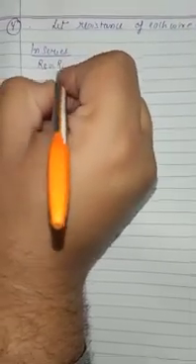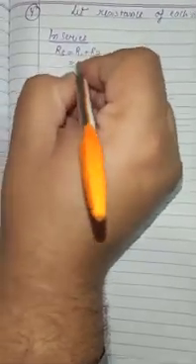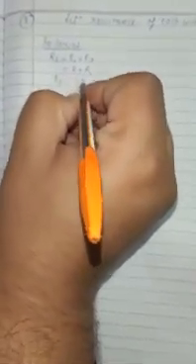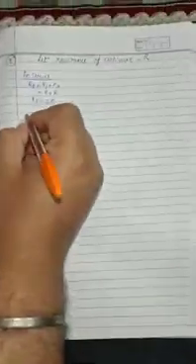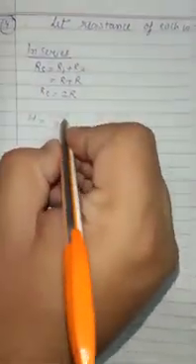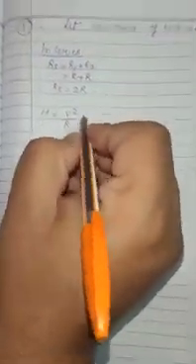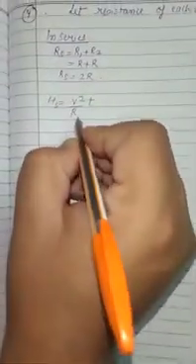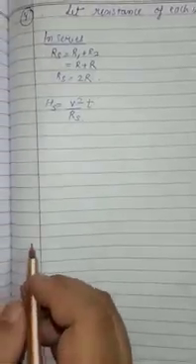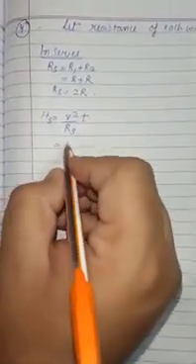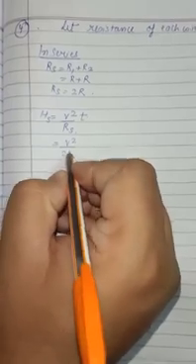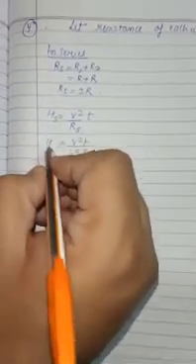So when they are connected in series, the equivalent resistance is R1 plus R2, that is R plus R. So Rs becomes 2R, and heat is given by the formula V square by R into T. Heat produced in series will be V square by Rs into T, that is V square T by 2R.